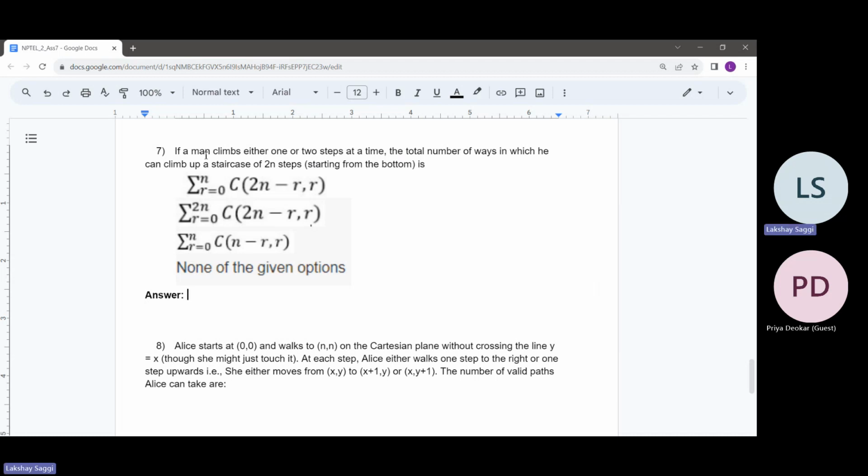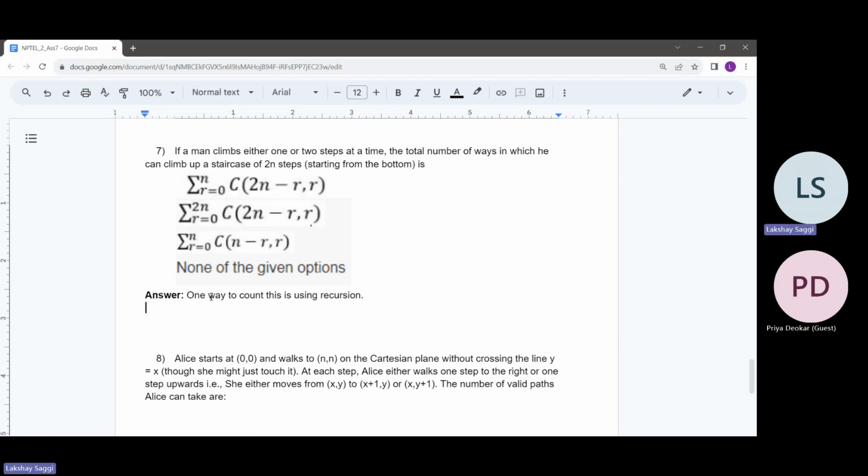First of all, one way to count this is using recursion. Let's say T of n is the number of ways to climb a staircase of n steps.